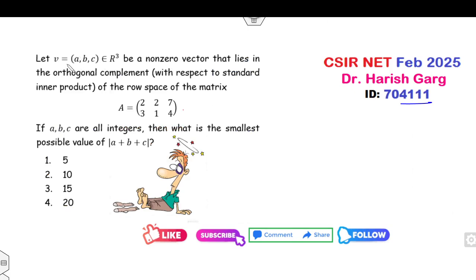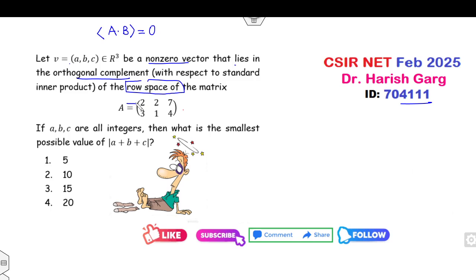Fine. A vector V is a non-zero vector that lies in the orthogonal complement. What does orthogonal complement mean? Instead of writing A, if I say A dot B will be 0. Orthogonal complement with the row space.